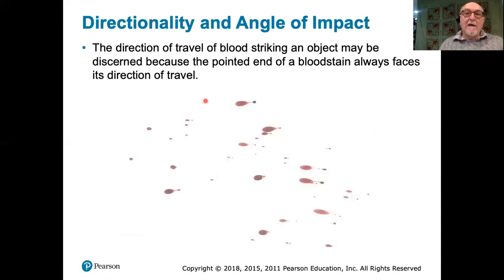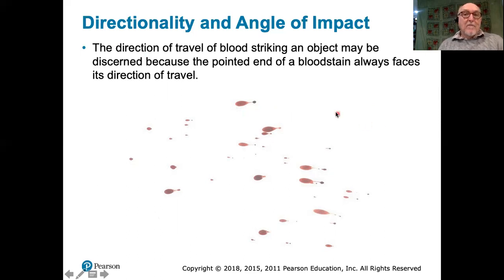So when we have a look here, we realize that this blood spatter came in this direction. This droplet came in, it hit the surface, the bottom of the droplet was retarded, and the top of the droplet carried on moving. It distorts the shape of the blood droplet and produces this characteristic tail. And we know that the source was over here and was flying in that direction there.